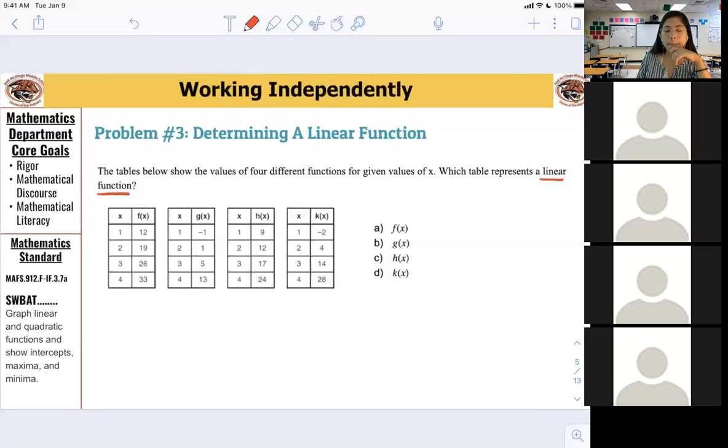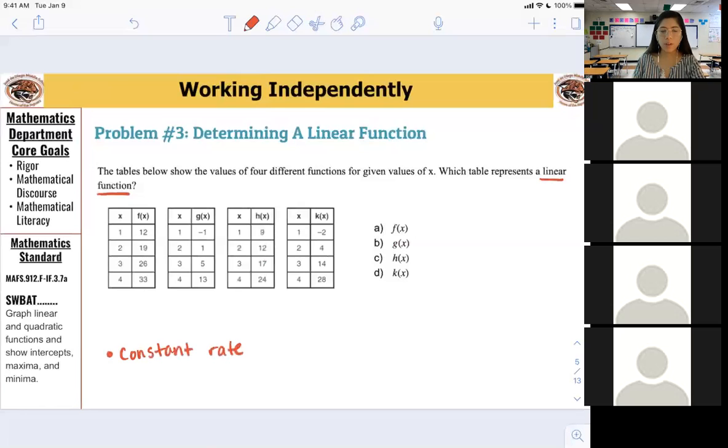A straight and constant line. Constant, yeah, that's the word, constant. Constant rate. Now on a graph, it would be a line, but since we don't have a graph, we have tables, right? So on a table, we're looking for a constant pattern, constant rate.